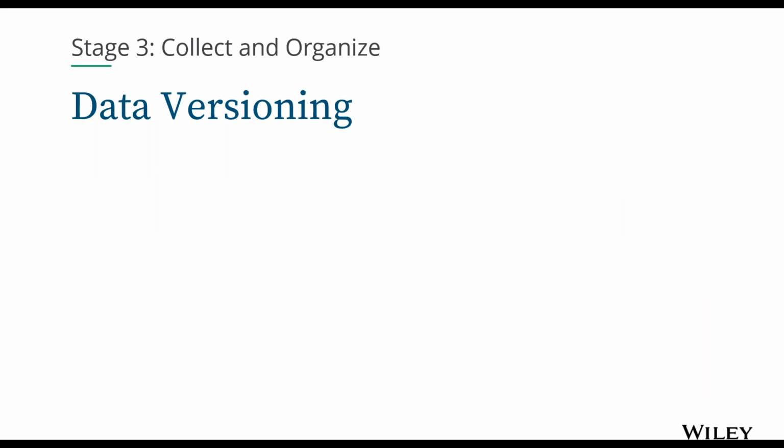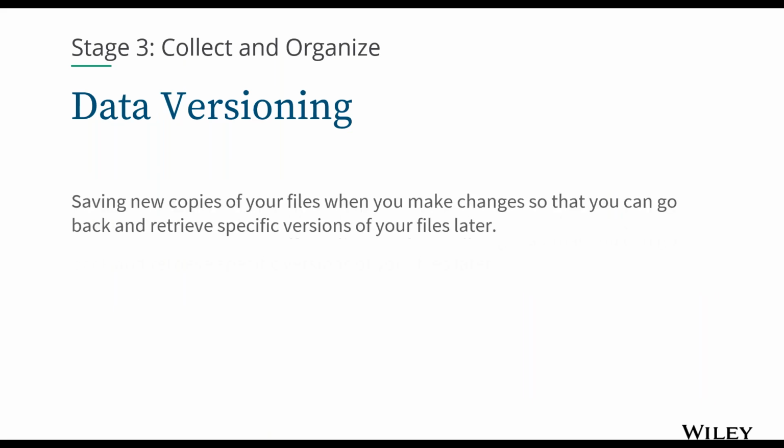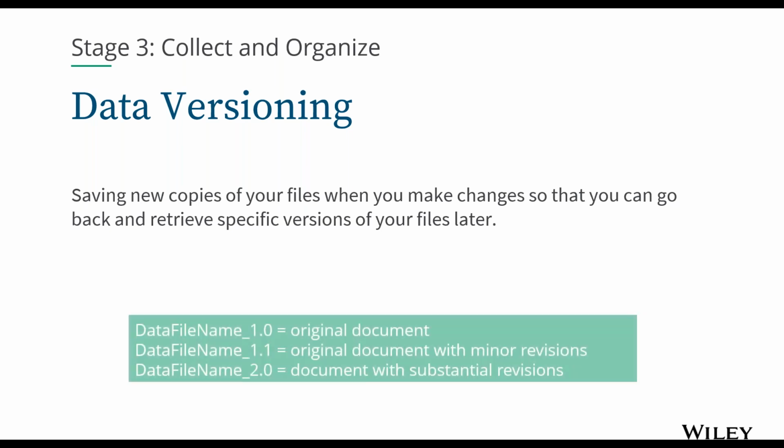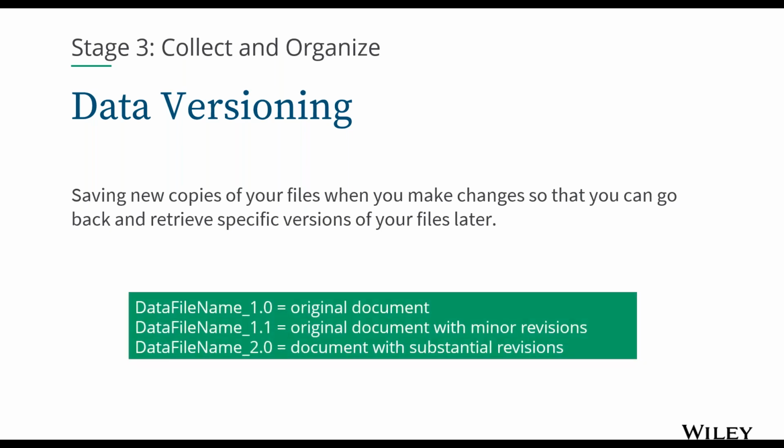So, data versioning. I've said this several times, but basically, data versioning is saving new copies of your files as you make changes so that you can go back and retrieve specific versions of your files later. This is a really good example. You have the data file name _1.0, and that would be your original document.